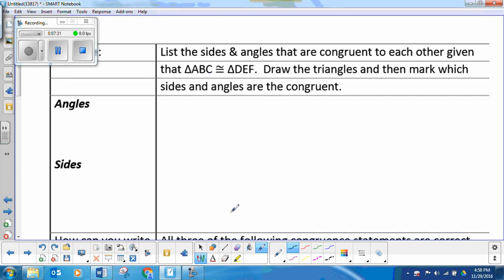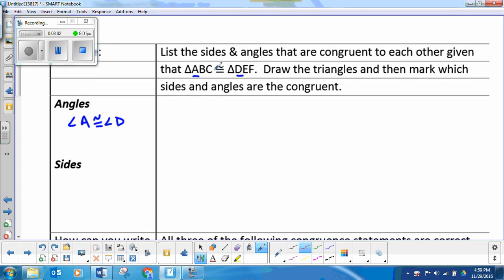So we're going to match up the angles, or the letters, based on where they're located in our statement. We have A and D in the first position, so we're going to know that angle A is congruent to angle D. And then we know the others based on the other positions. So I'll let you guys finish that up in a second. We've got sides associated with our triangle.